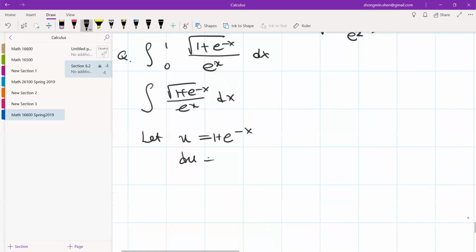Then du is going to be the differential of e to the negative x dx. Not too bad. That means it's going to be negative dx over e to the x. Oh, we're lucky here, right?